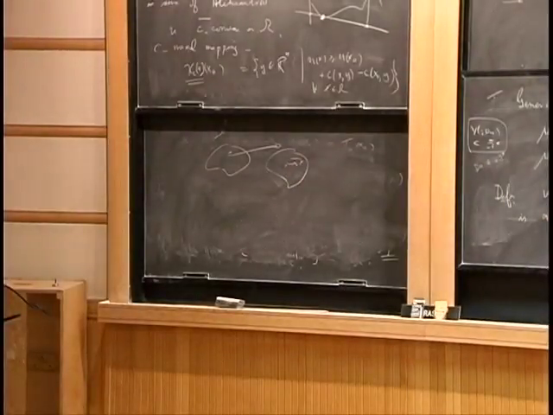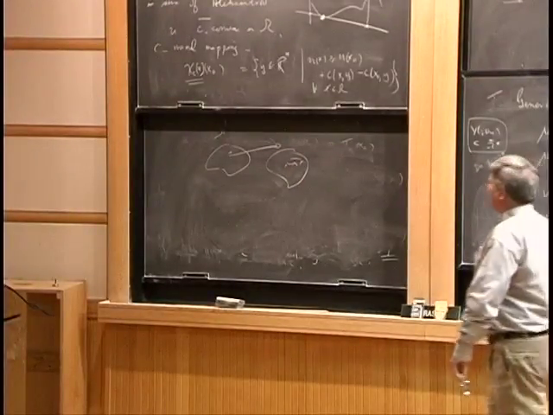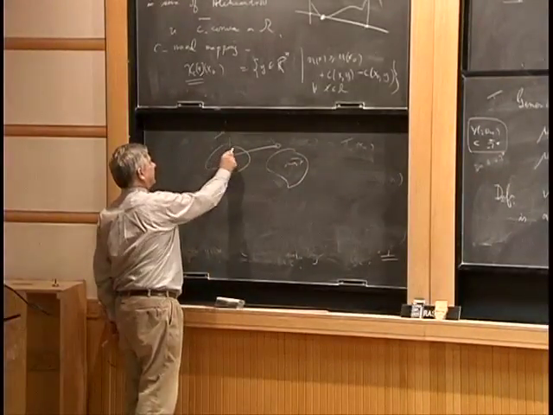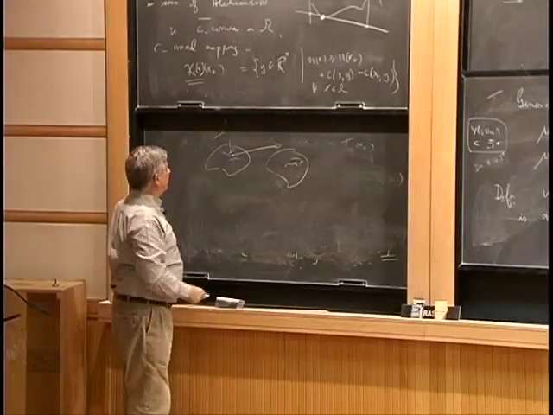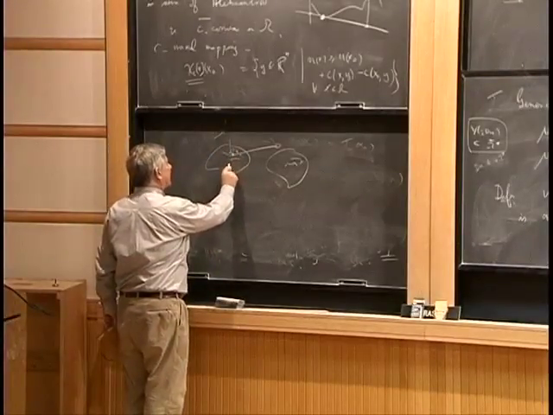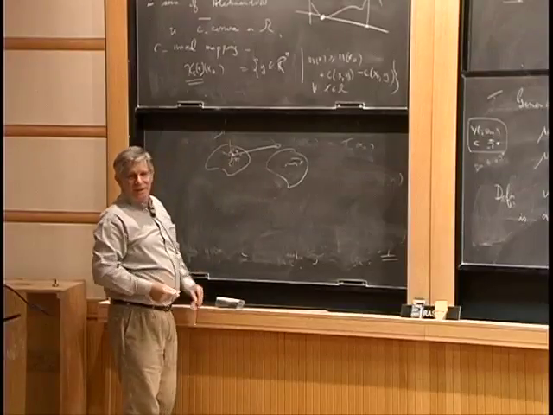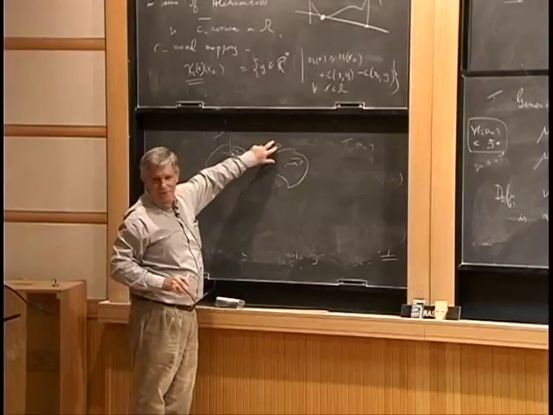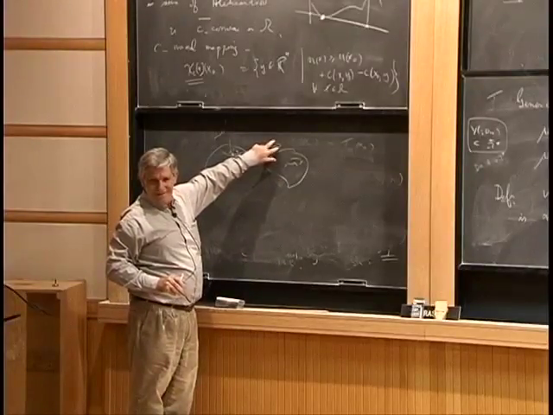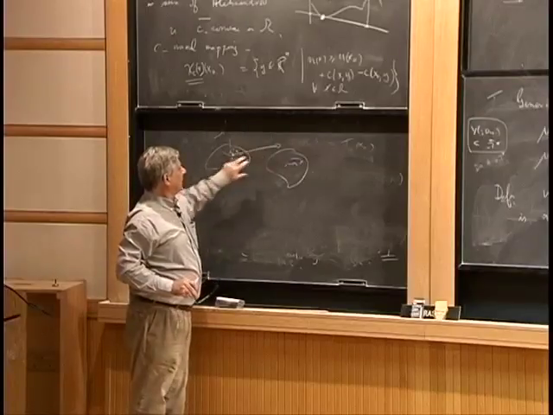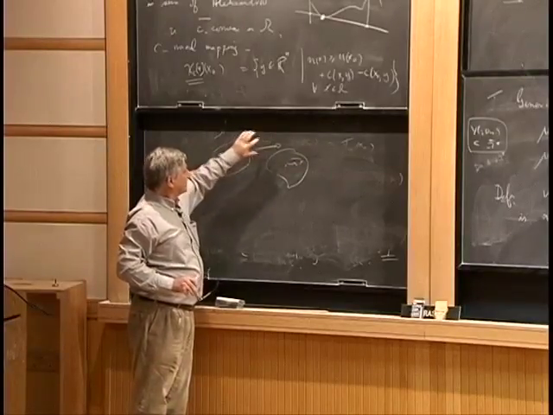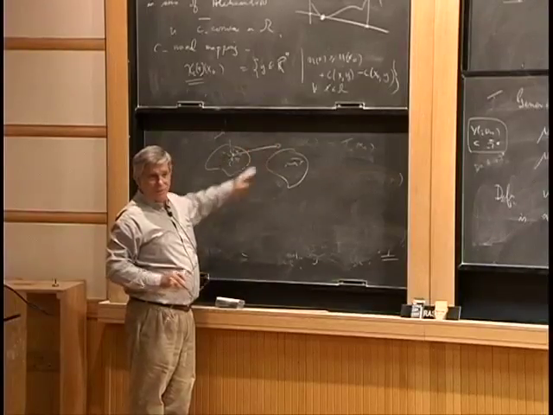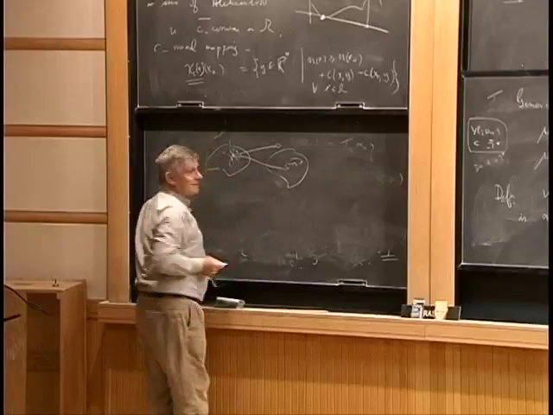You're forced to have a neighborhood outside. That's because if you've got a good point, you can write it as a limit of other points. If you have a good point x0, then if you take any sequence x approaching x0, there's going to be a subsequence of these y's approaching the image. So if one point goes out, then a set of positive measure will go out, which contradicts mass balance. So all the good points go in here.